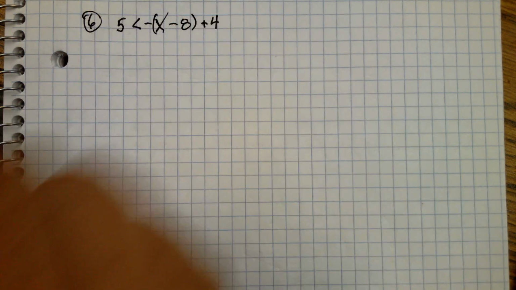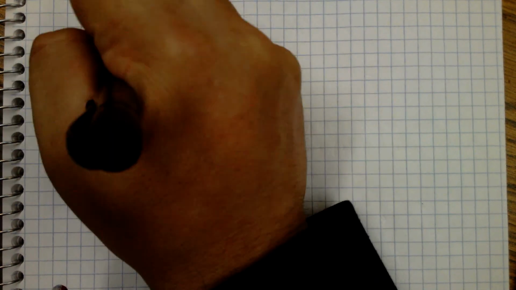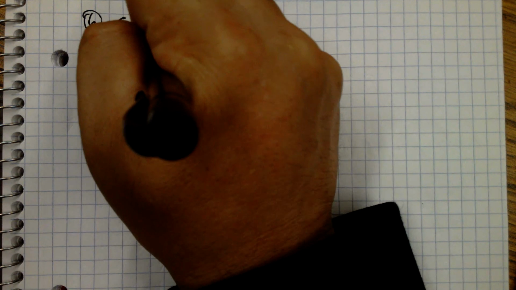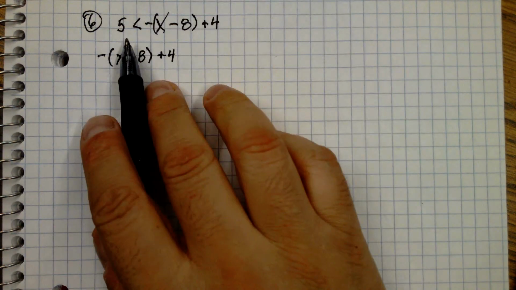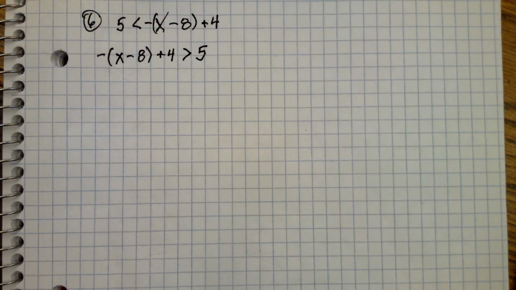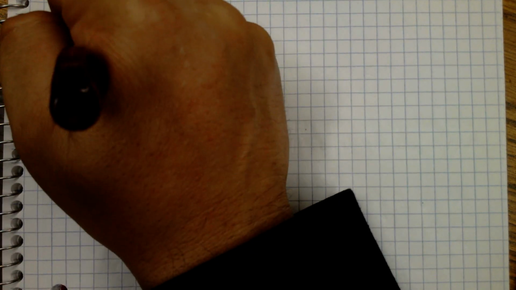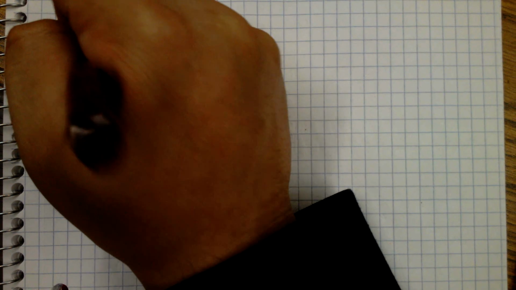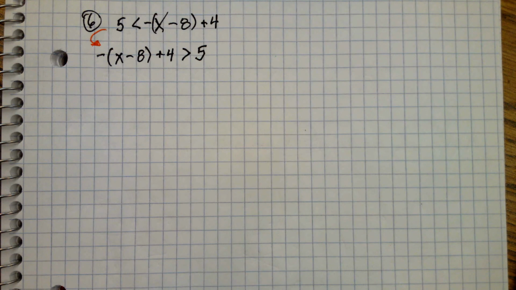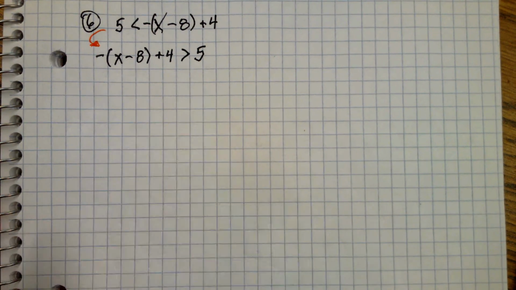So negative parentheses x minus 8 plus 4, but what's going to happen is this less than becomes greater than 5. Okay, so we just did a quick flip. And if this was on a worksheet or a problem online, just write it this way to begin with.